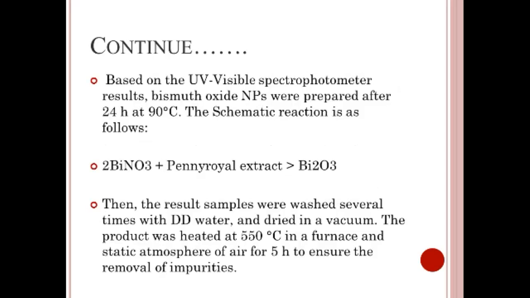The UV visible spectrophotometer results showed that the bismuth oxide nanoparticles were prepared after 24 hours at 90 degrees Celsius, and the schematic representation also shows that 2 molecules of bismuth nitrate were taken and dissolved in aqueous extract of Mentha pulegium leaves, and as a result, bismuth oxide nanoparticles were prepared. The resulting sample was then washed several times with double distilled water and dried in a vacuum. And then to remove impurities, the product was heated at 550 degrees Celsius for 5 hours.